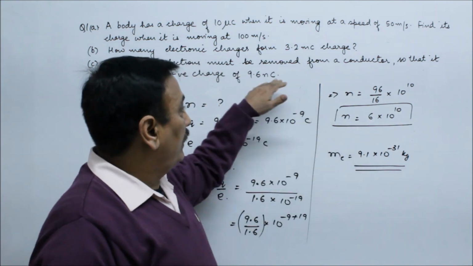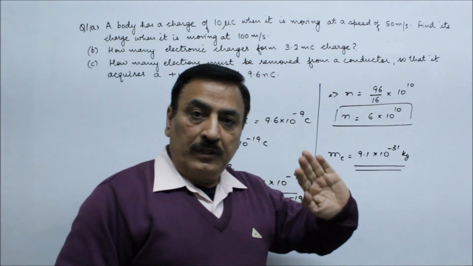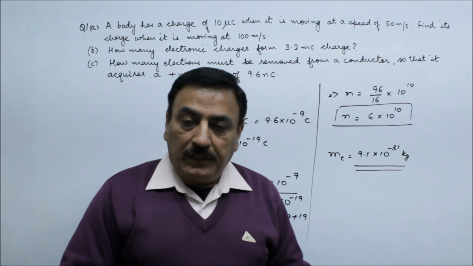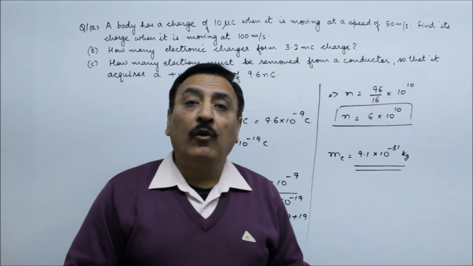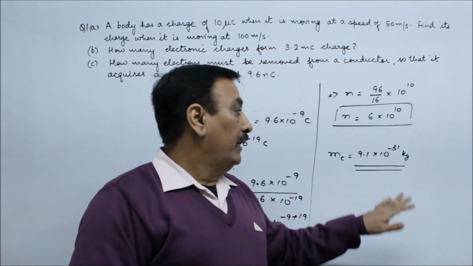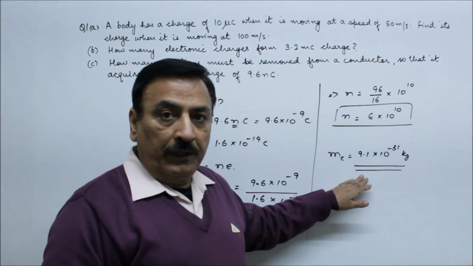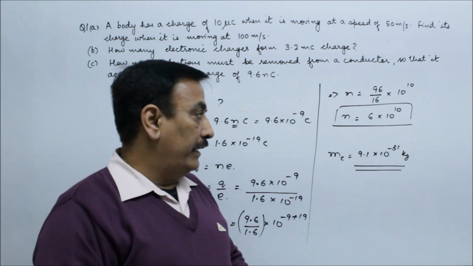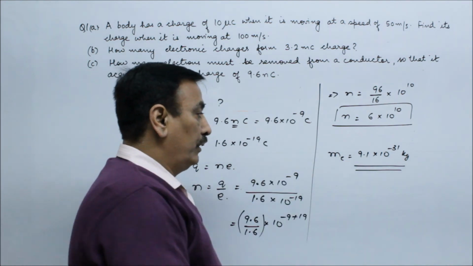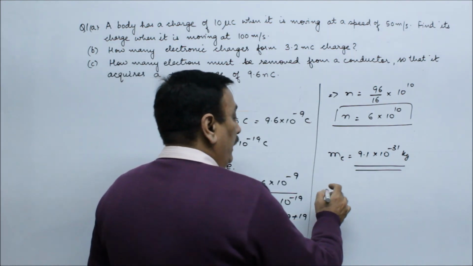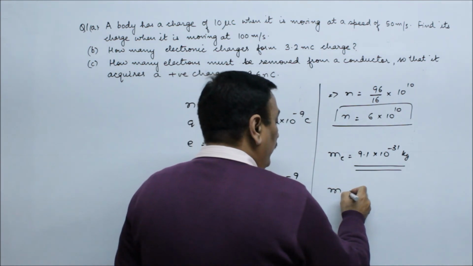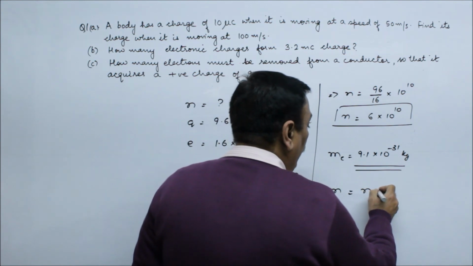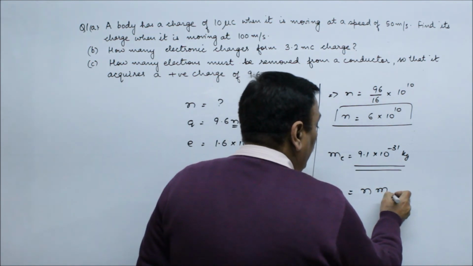So if a positive charge has developed, some electrons have got removed from the body. So when a body acquires a positive charge, that means it has lost a small amount of mass. So in case you are asked a question on this, what is the amount of mass reduced when the positive charge has developed? The answer to that would be N multiplied by the mass of a single electron.